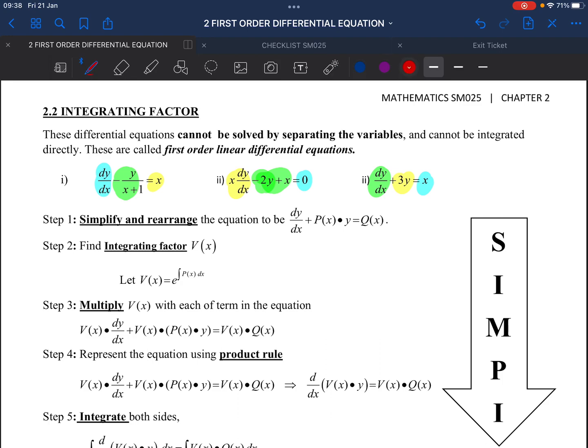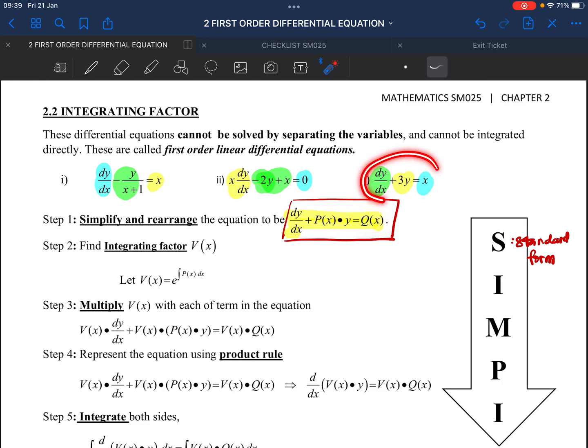The first S here is standard form. So what is the standard form for solving integrating factor? Your given equation must be rearranged to be like this: dy over dx plus P(x), expression of x, multiplied by y, and the right hand side only Q(x).